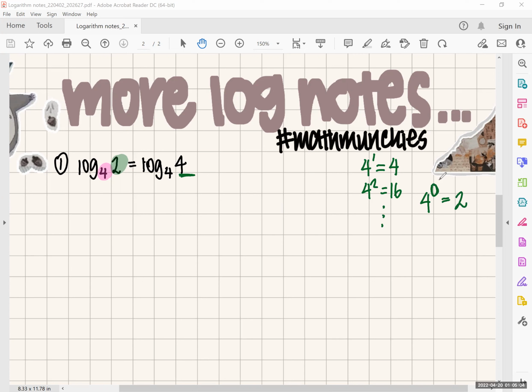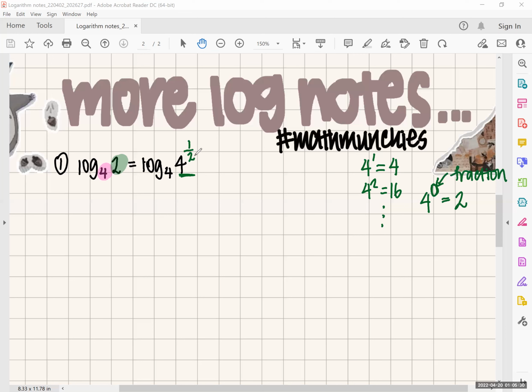So what does that mean? It means that very high chance this power is going to be a fraction. Okay? And most of the time, let's say you're experienced enough, you will know that it's actually 4 to the power of half to give you 2.